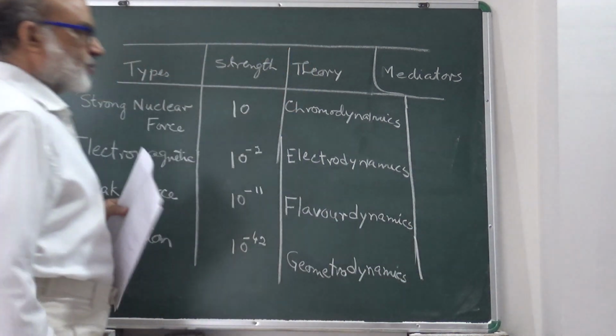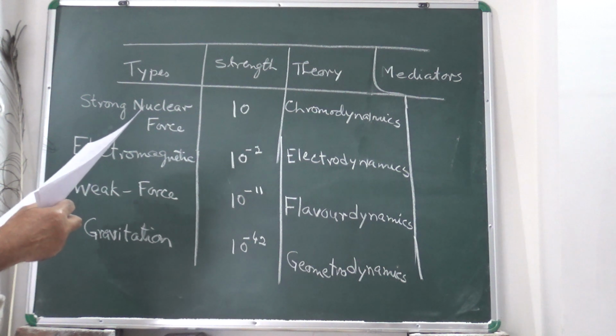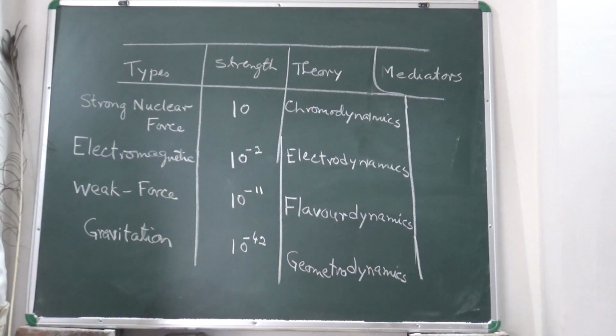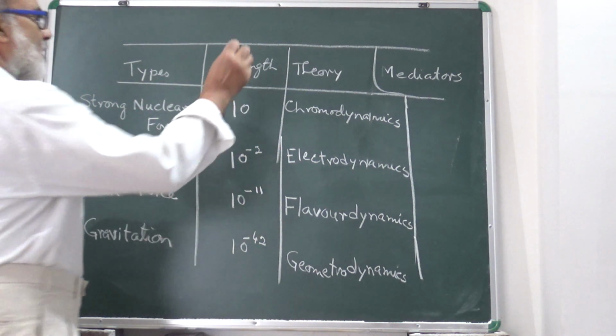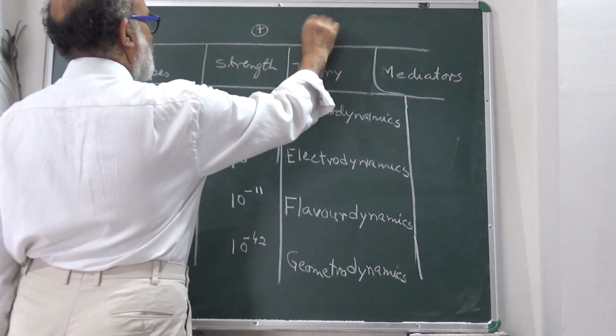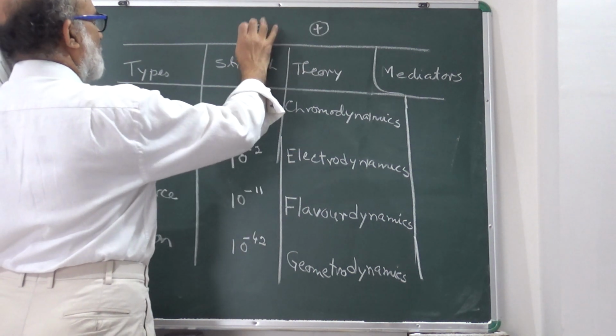And according to field theory, these interactions are due to a kind of particle which acts as a mediator. For example, two positive charges repel each other because they form a field.